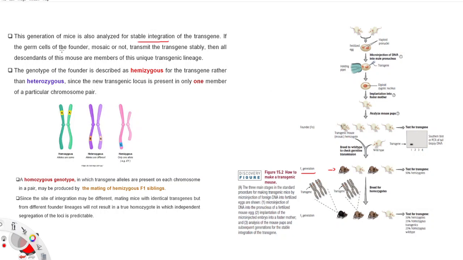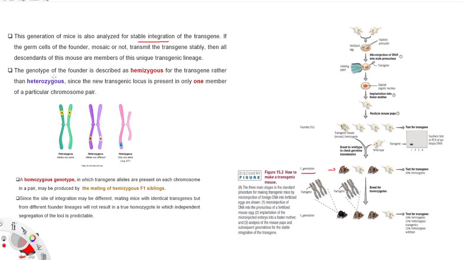And if the germline of the founder is being transmitted in a stable manner, then what that will imply is that all the descendants of this mouse are members of this unique lineage. So everything that is coming out of this one now will carry a portion of that initial gene that we have.